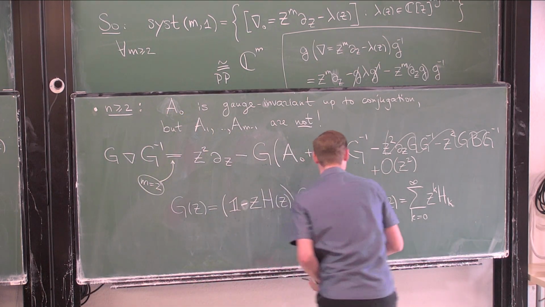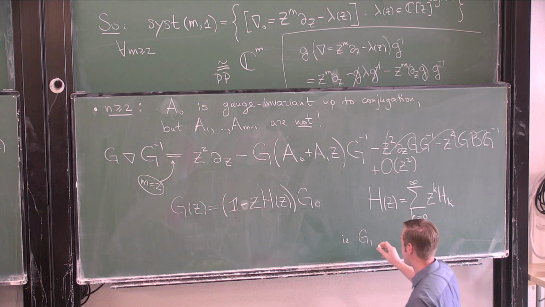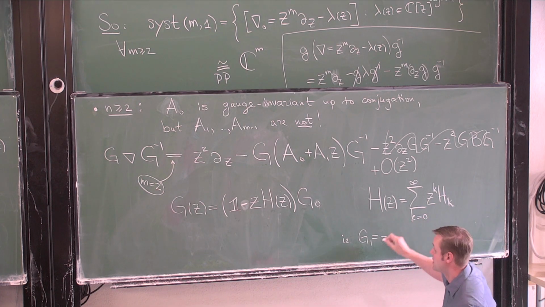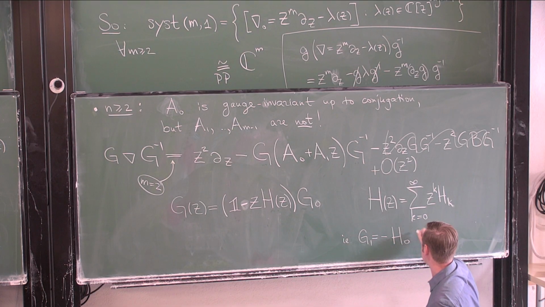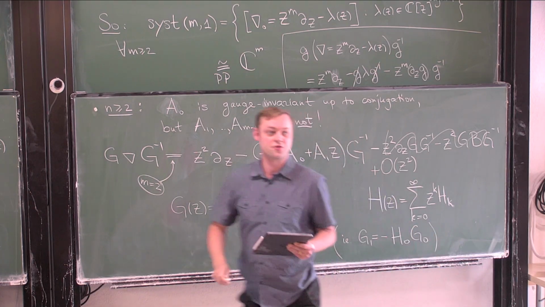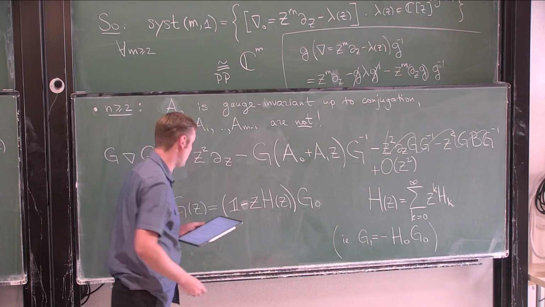So what that means is, for example, the subleading term G1 in a power series expansion of G is minus H0 G0, for example. The reason I'm doing it like this, you'll see in a minute why this is convenient.